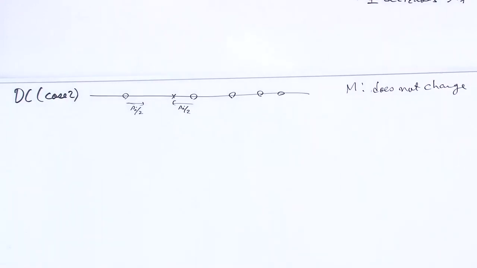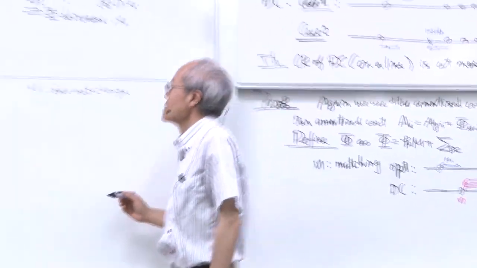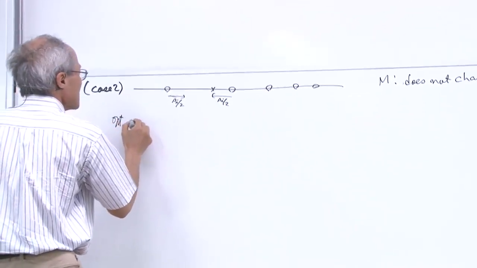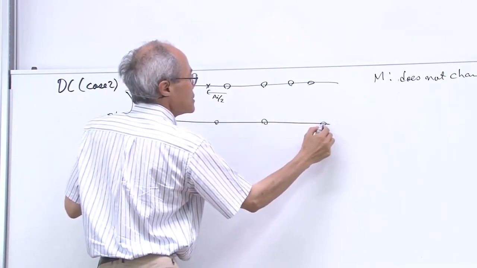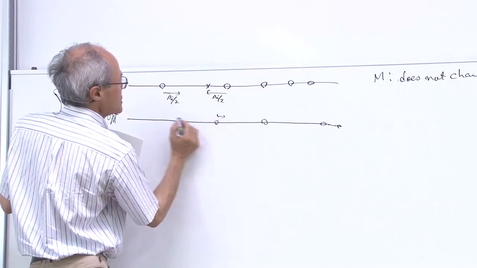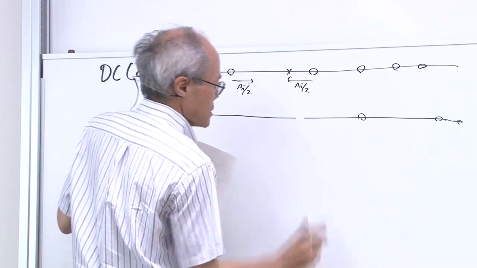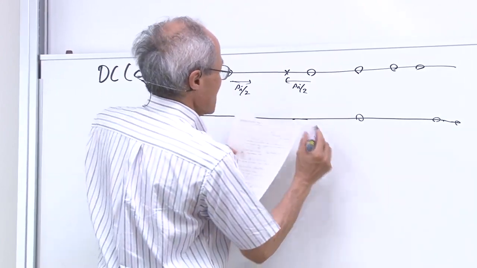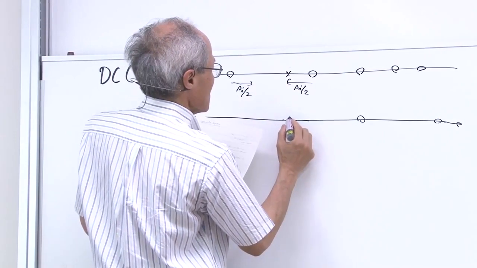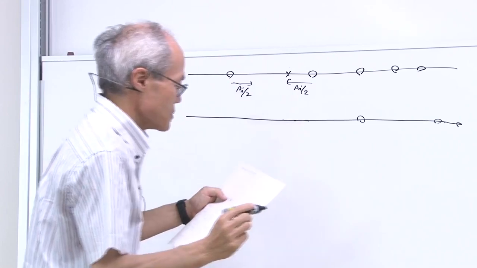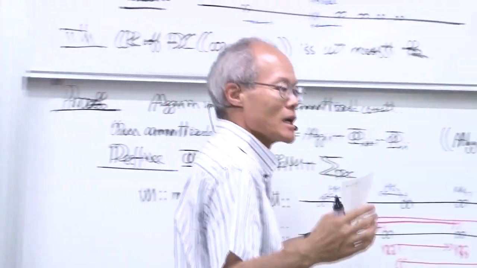Why? The idea is one M is increasing, but another M is decreasing.